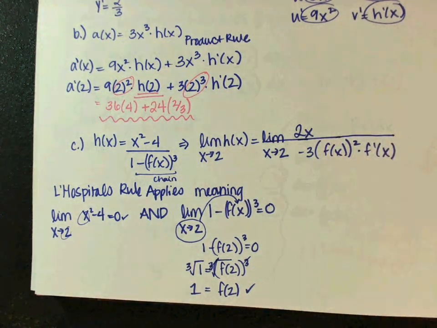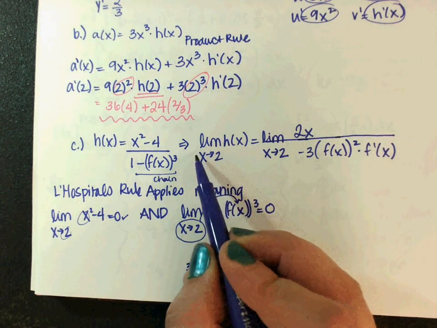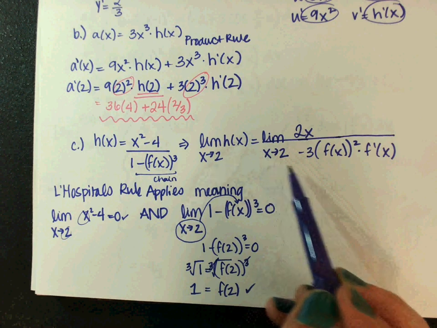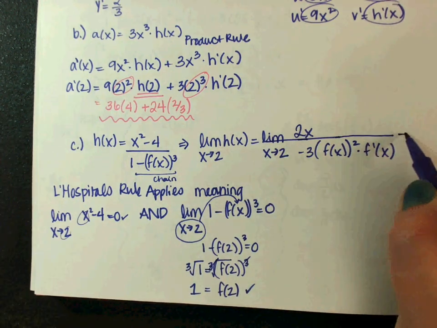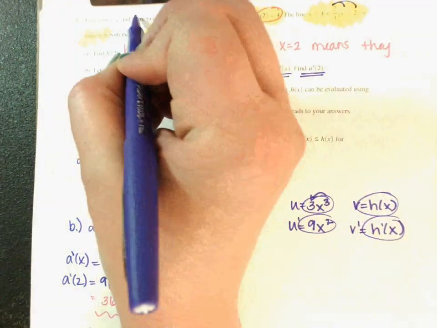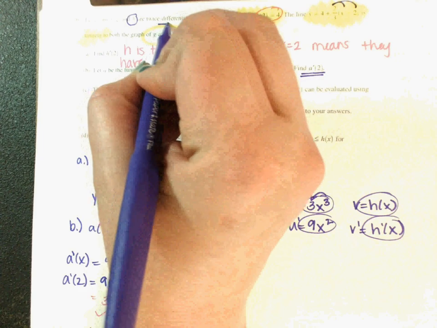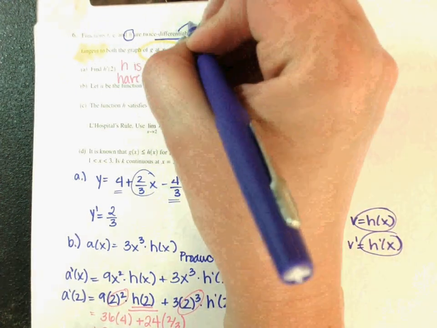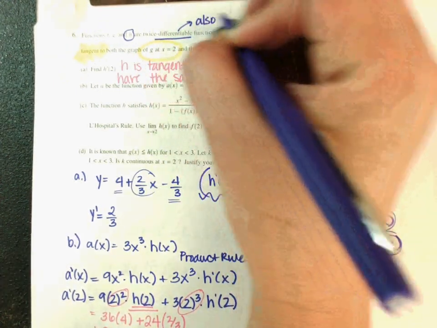Now, I want you to think about for a second, if the limit as x approaches 2 of h of x is equal to this other limit. I also want you to think about something else that they told me way up here at the top. What did they tell me about h? They told me that h is differentiable at 2. Now, if h is differentiable at 2, that means that it also has to be continuous at 2.